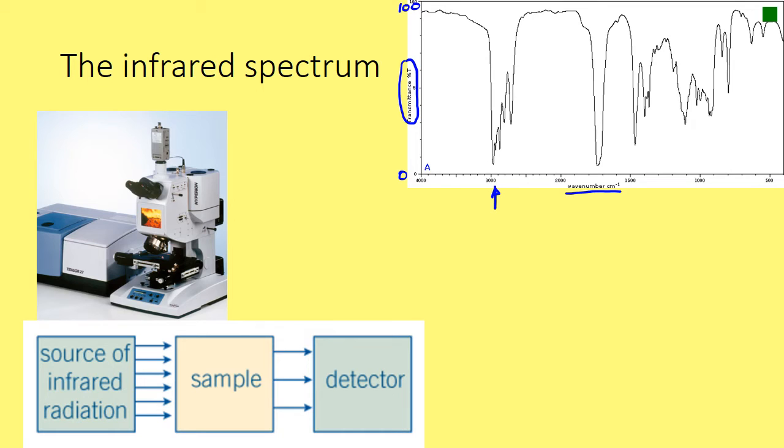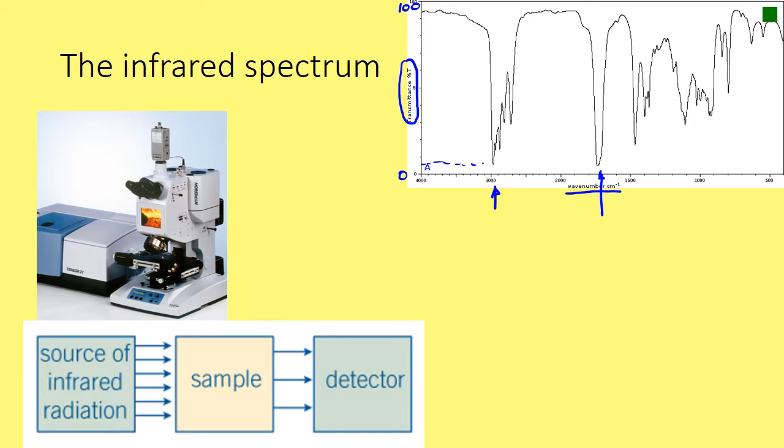So you can see, if you track along here, most of that radiation has been absorbed by the molecule and none of it has got through to the detector. Same here, we could say that this particular wave number of infrared has been absorbed by some bonds in the sample and has not gone through.